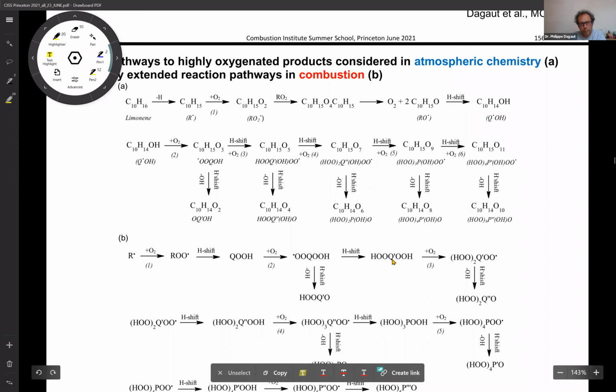You can have another H shift followed by O2 addition, producing this radical, which can also react through H shift and elimination of OH. This species can also react by H shift and produce this species here with 3 hydroperoxy groups.